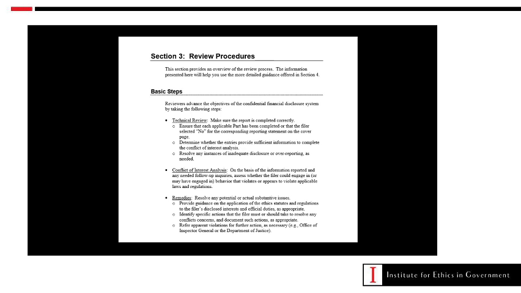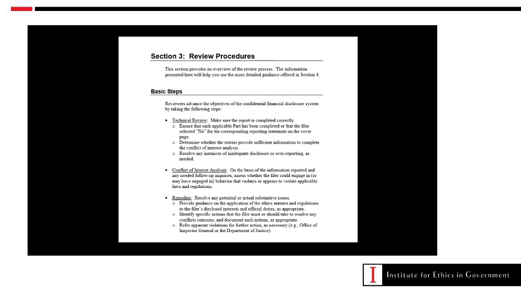And by technical review, we mean making sure that you have the information on the form that you need to have on the form. And the question I like to ask when it comes to the technical completeness of a form is, do I have sufficient information to make a determination definitively one way or the other that this asset or reported entry is likely to pose a potential for conflict of interest?